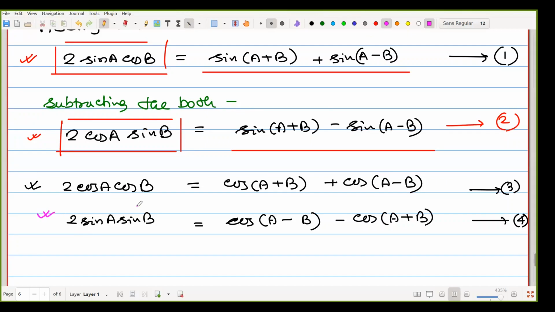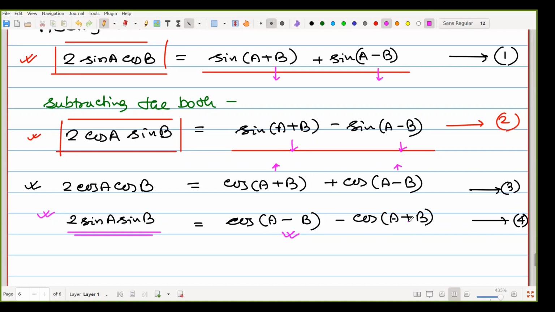It is very important. Each and every time, first we write the plus, second we write the minus: plus, minus. In that case also, plus, minus. But here we have written the minus first, then the plus.